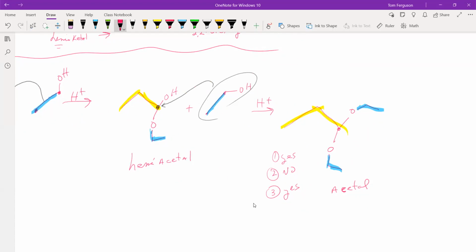Okay, 3-carbon backbone, so it's propane. We have one dimethoxy propane.